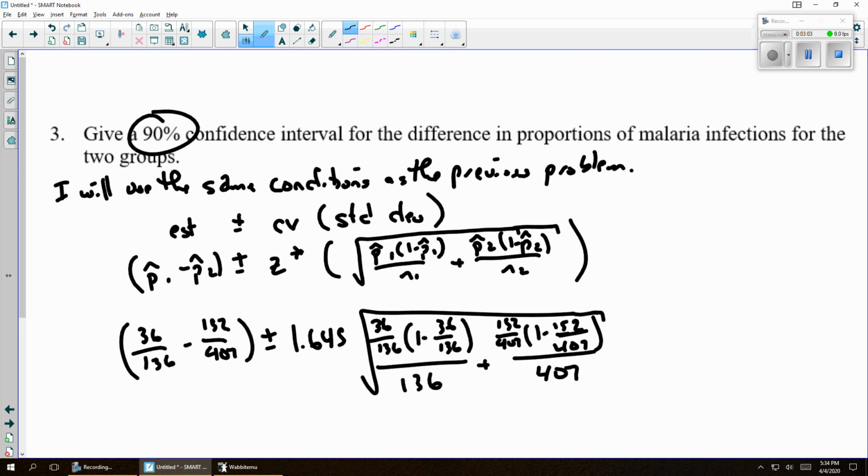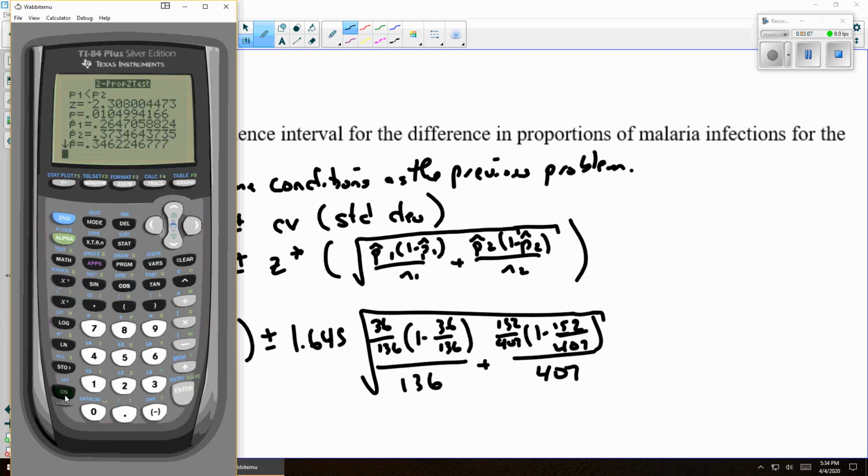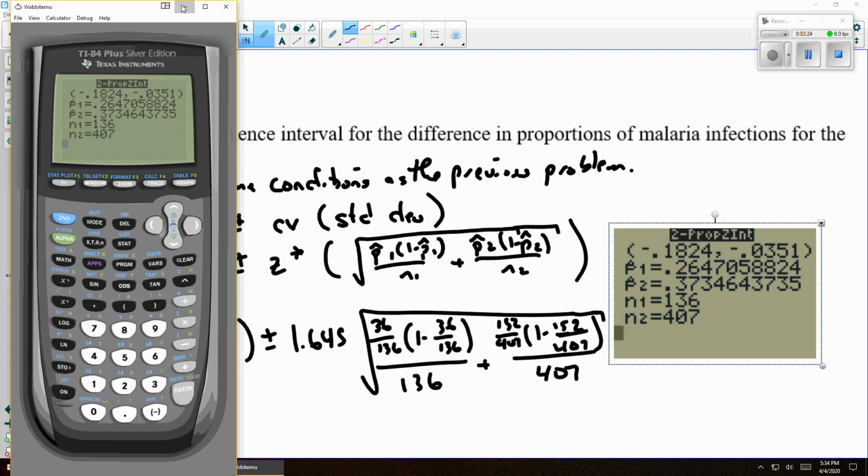And as before, I won't do this formula the long way. I'll grab my calculator and I press stat test, and this is a 2-prop z int. If you've done the problem before, the numbers are still there. It's a 90% interval. And so I calculate it to get this interval.